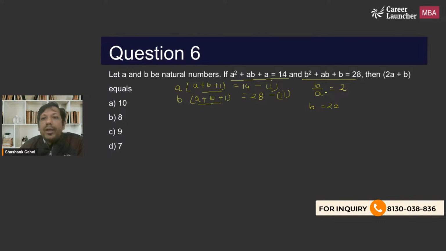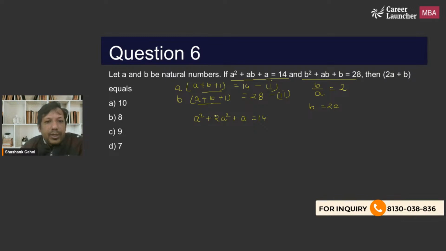Right. So what I can do is simply plug in the value. I'm going to plug in the value over here. So a square plus ab. So a into b, a into 2a, that is 2a square plus a, and that's equal to 14.